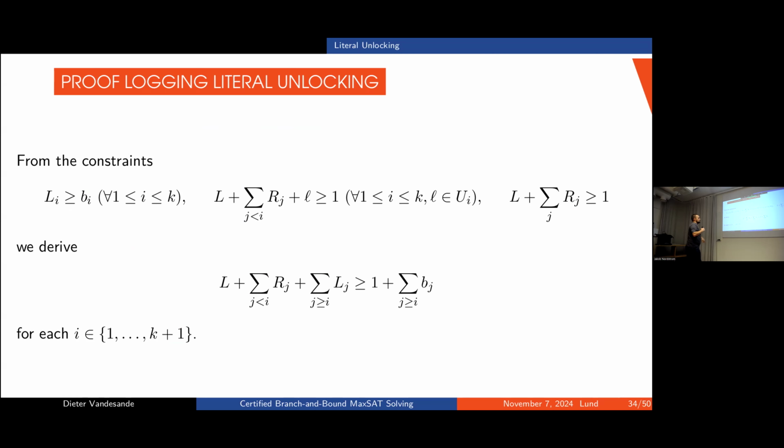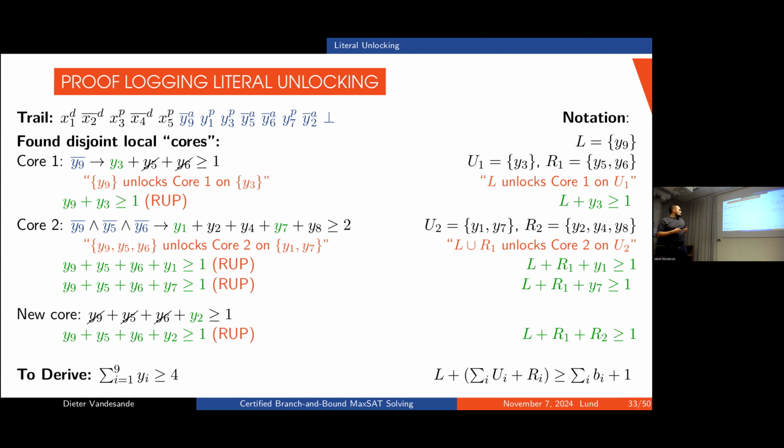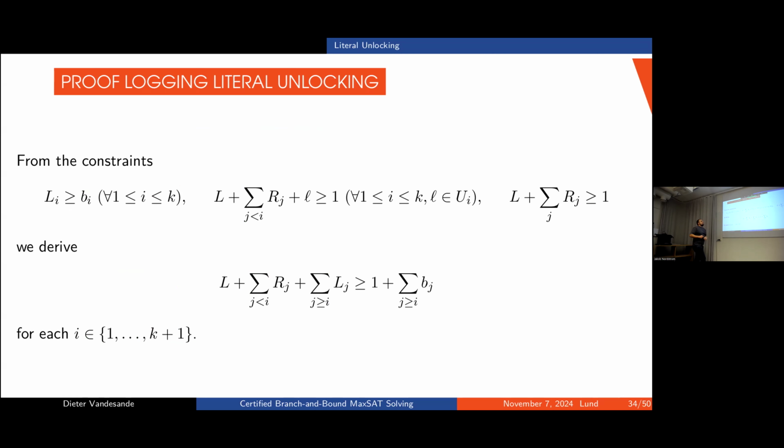So for every core i that gets unlocked, I can say that L plus Rj with j smaller than i, so all of the rest literals of the cores previously unlocked, propagates the literals in Ui. And finally, I have the final found core, so this new core, that is L plus all of the rest literals cannot be false at the same time.